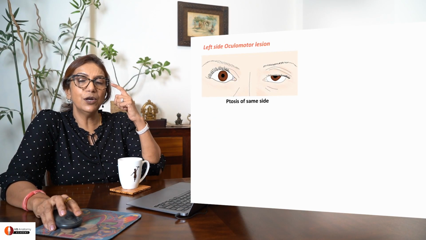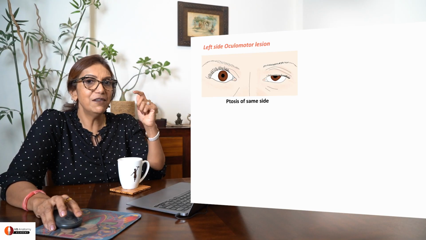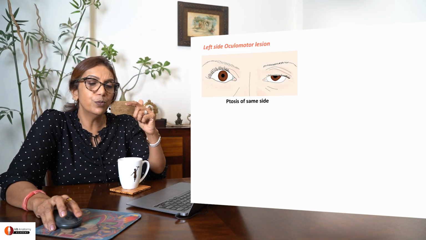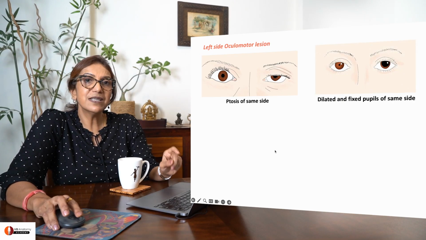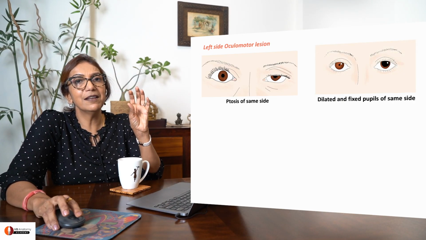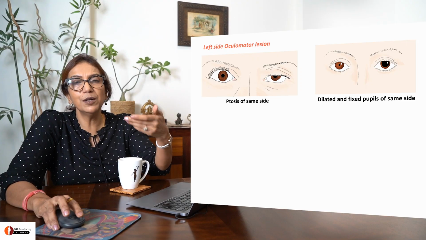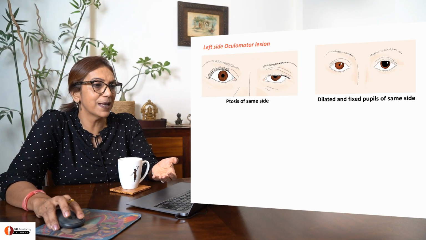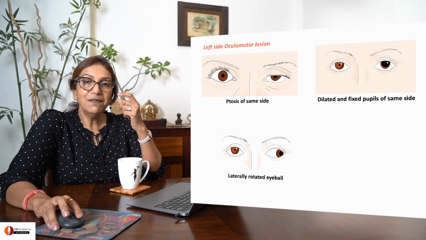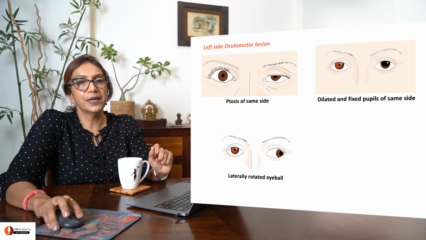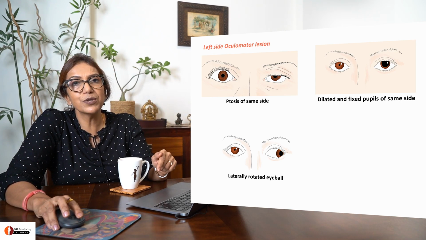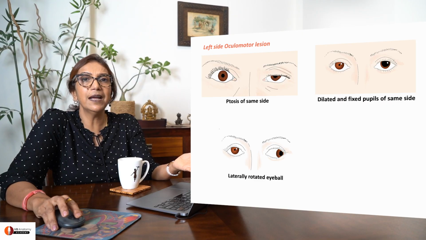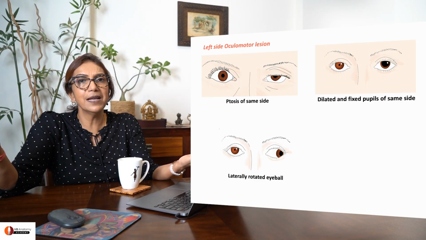So, if the left side oculomotor is damaged, the left side eyelid will begin to droop, called ptosis. Left side pupil will be dilated and fixed, because the sphincter pupillae no longer receives nerve supply. Left side eye will be laterally rotated, because the lateral rectus receives nerve supply from the abducent. The abducent is having a great time now because the oculomotor is paralyzed.